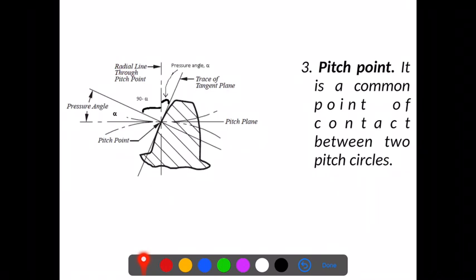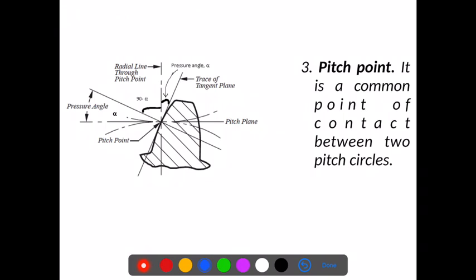Now the third term which we are going to see is called the pitch point. Now what is this pitch point? It is a common point of contact between the two pitch circles. Now what is pitch circle? It is an imaginary circle. When the two gears engage with each other, these two gears will have two pitch circles.